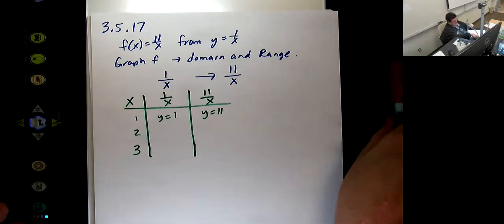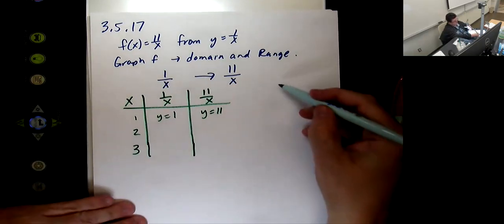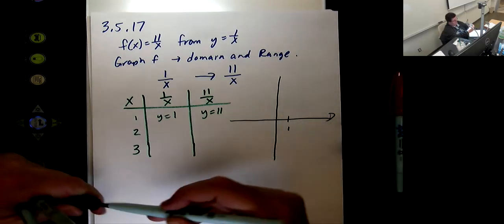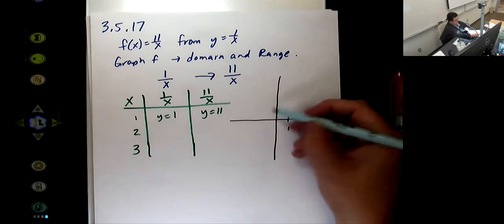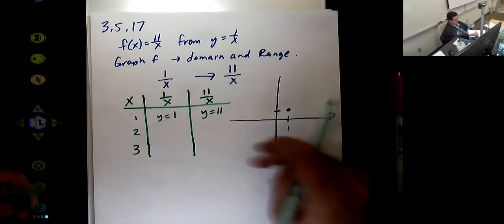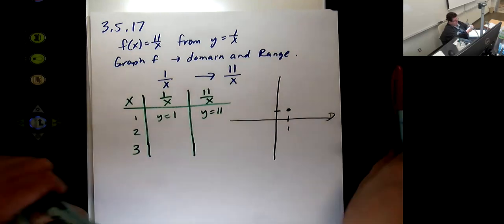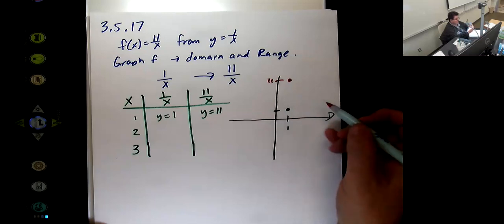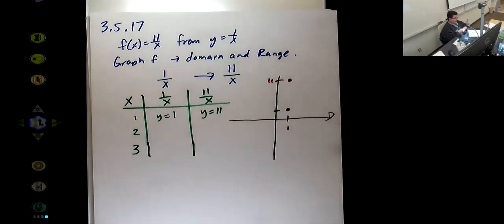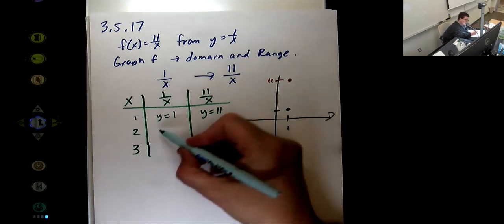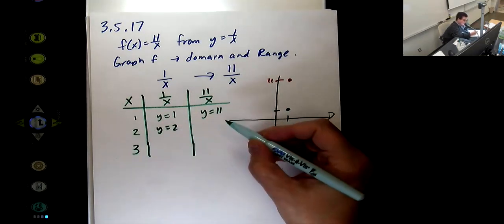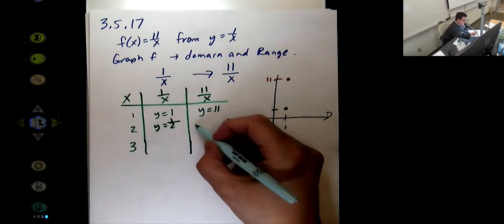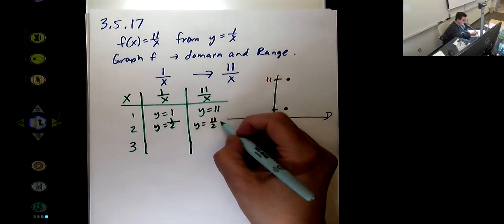So right out the gate, y equals 1 is here. Y equals 11 is way up here. Then we do 2. Nope, 1/2. We stick into 2, we get 1 over 2 is 1/2. We stick in 2 here, we get 11 over 2, which is 5.5.